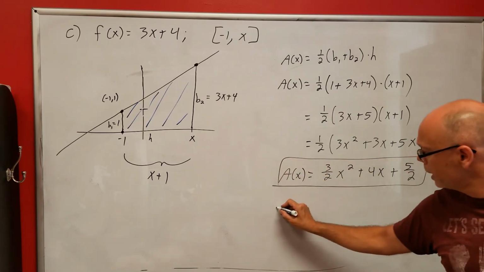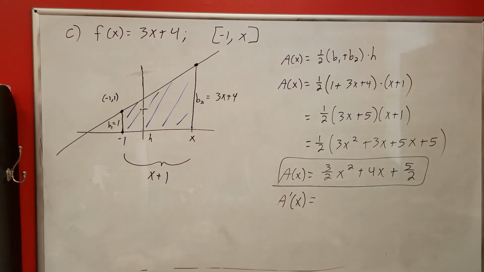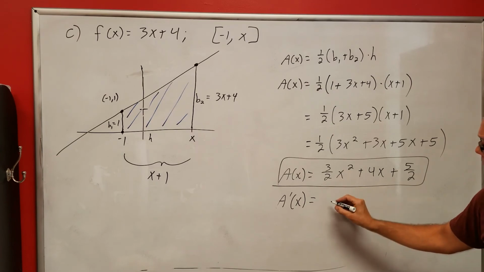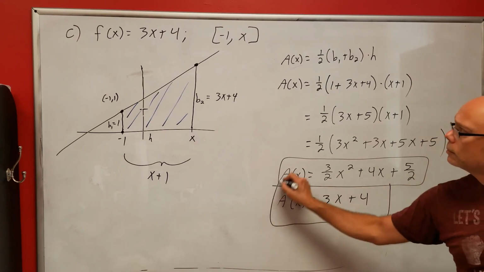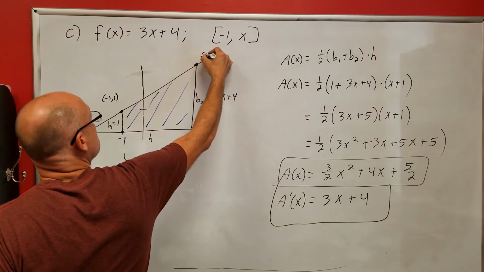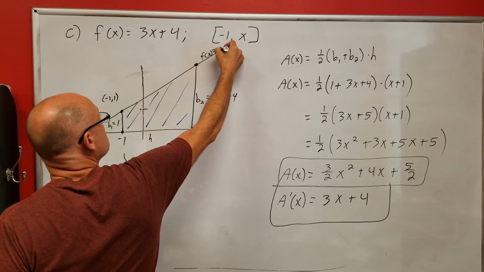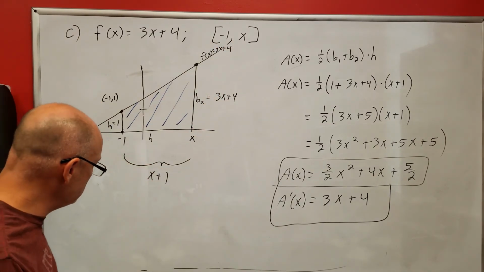Now they want me to find A prime of x, right? They want me to find the derivative of A of x. What would that be if I take the derivative of this? 3x plus 4. Is that the same thing as my curve right here? This was f of x is equal to 3x plus 4. Sure is. So let's make an observation.